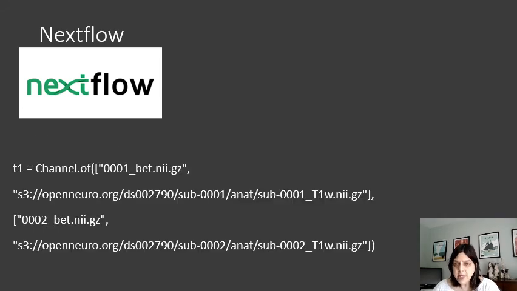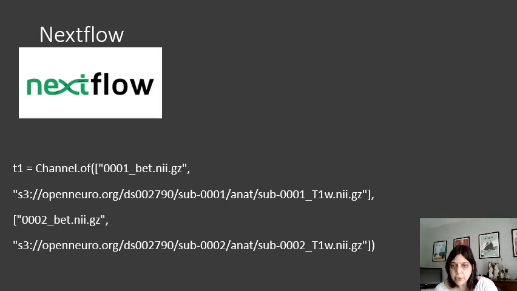But here are some neat features that help you to really take advantage of cloud computing. So here, for example, in this Nextflow example, we're taking a channel, and this is from the notes for the class for this course. We're taking files directly from S3, and so for two subjects, we're taking their anatomical T1 weighted images.